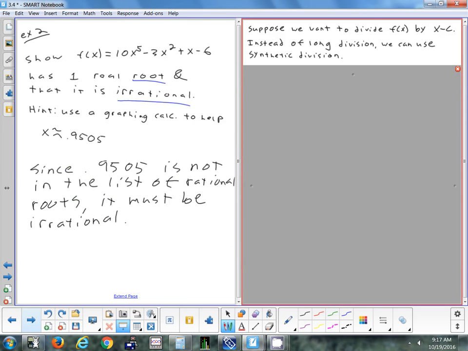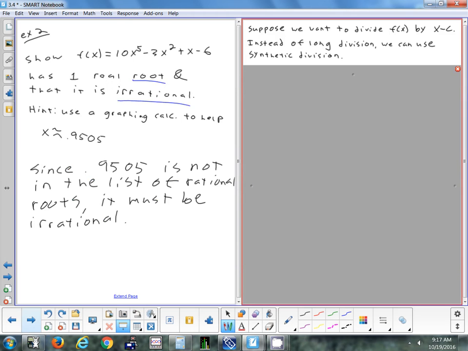Any questions on the theorem before we move on to synthetic division? If you're a little shaky or you're not sure, we are going to do another example with it, but I want to show you synthetic division first so we can do the rational root theorem with synthetic division.